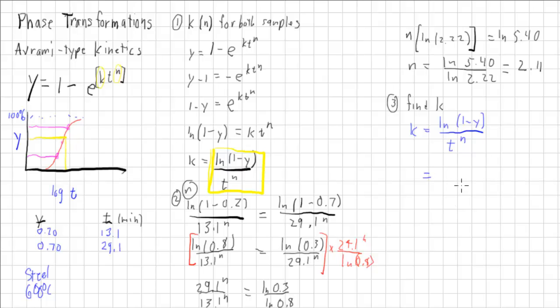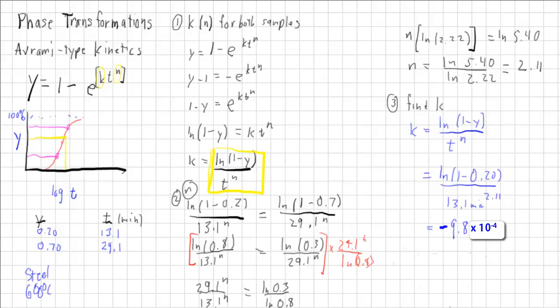K equals the natural log of 1 minus 0.20 all over time, which is 13.1 minutes, and that is raised to the n power, which is 2.11, and we get negative 9.8. So that is our value for k.